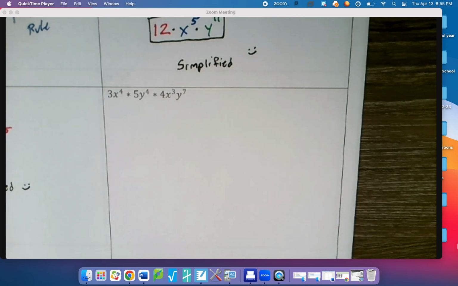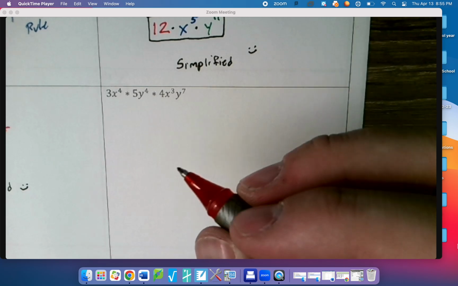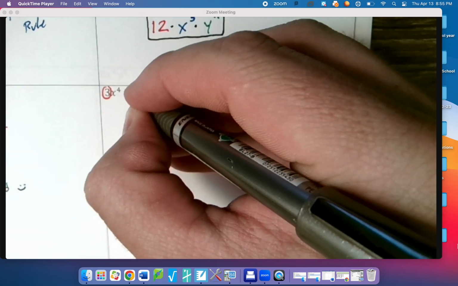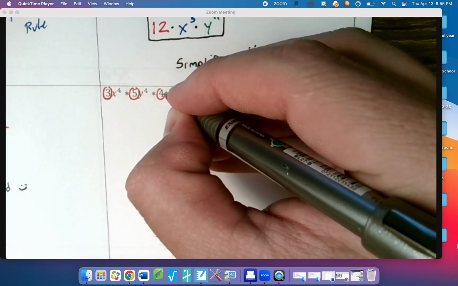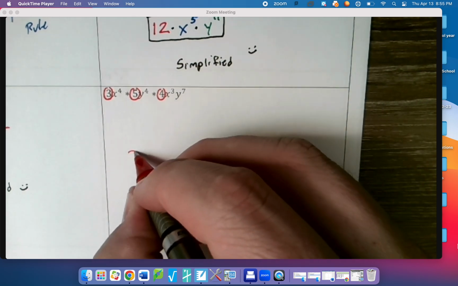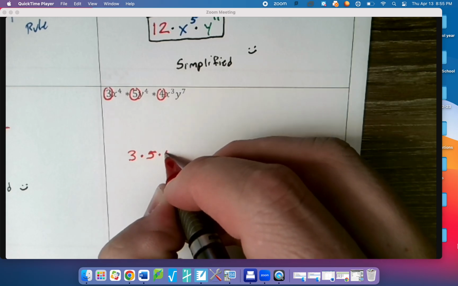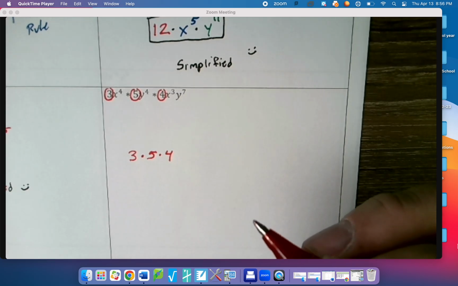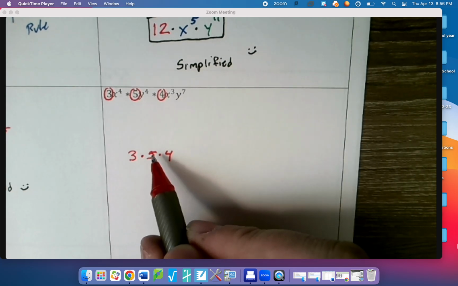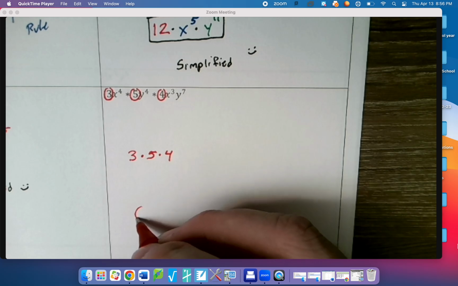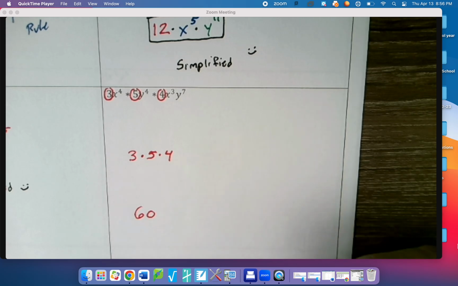All right, last problem for our product rule. I'm going to use my colors here again. The 3, the 5, and the 4 are all the same because they are just numbers. So we treat them as normal. 5 times 4 gets me 20. 20 times 3 gets me 60.